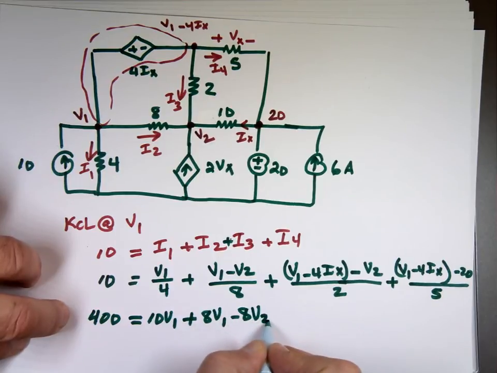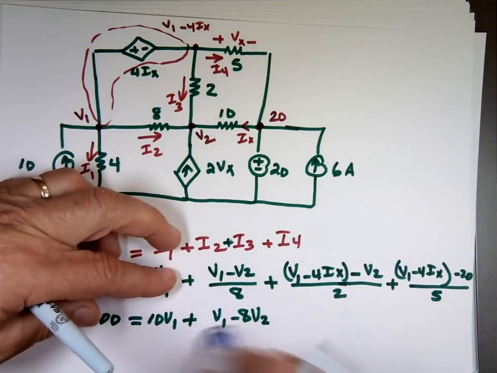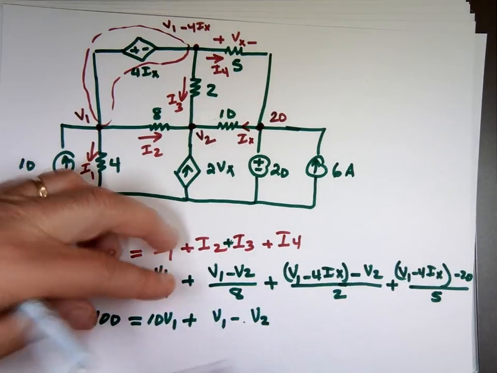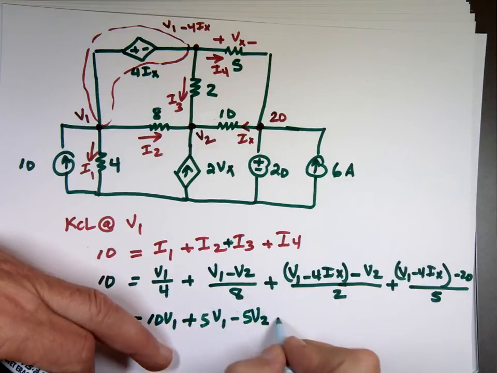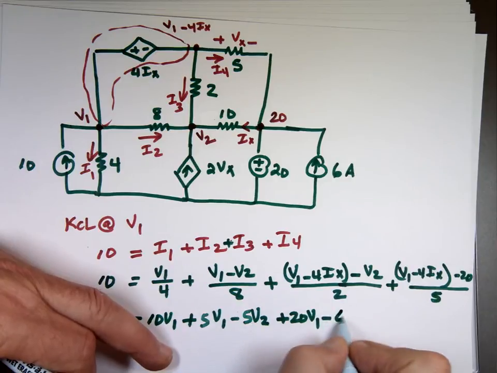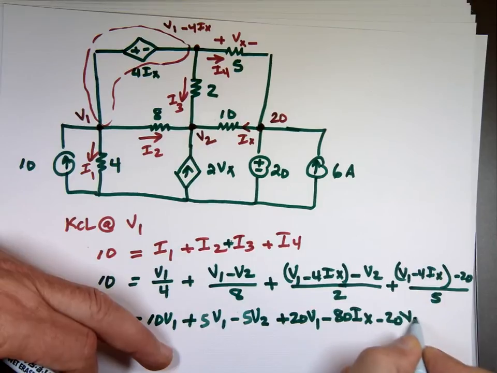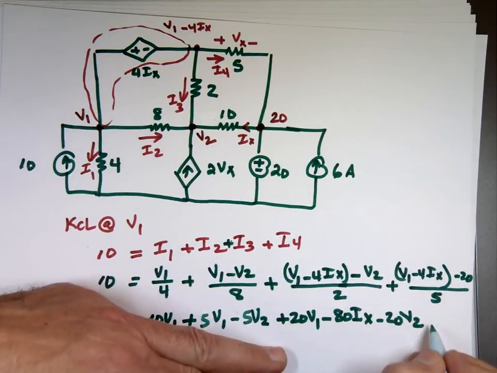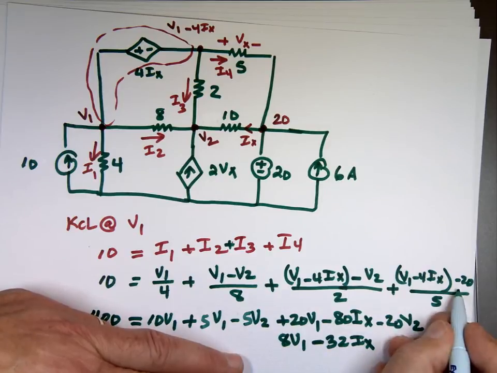Divide by 8 is 5. This will be 20. 20 times 4, 80. 20 V2. This will be 8 V1. 8 times 4 is 32 I sub x, minus 8 times 20, is that 160?